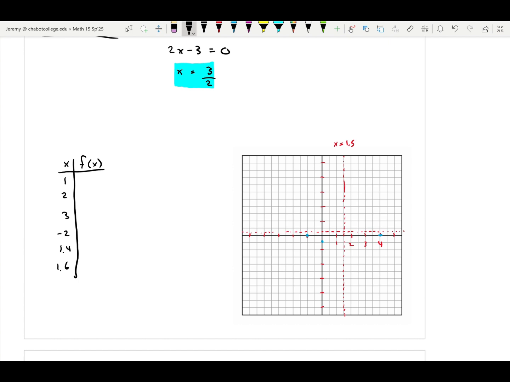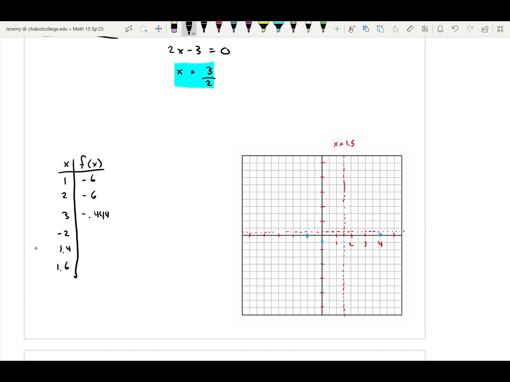Sure. Okay, putting in 1. Again, I'm using my calculator, the trace feature. I put in 1, I get out -6. I put in 2, I also get -6. Put in 3, I get -0.444.